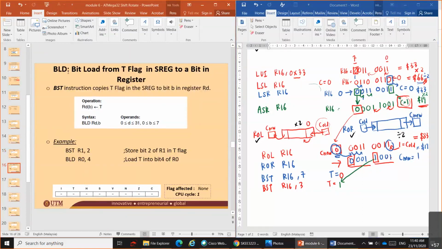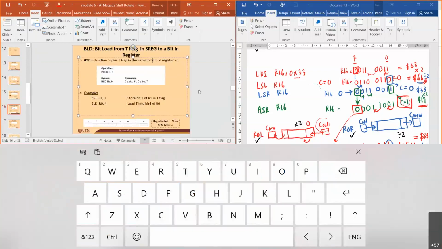Next we have the BLD. BLD stands for bit load from the T flag in the status register to a bit in your GPR. This instruction copies the value from your T flag in the status register and puts it in bit b of your GPR.